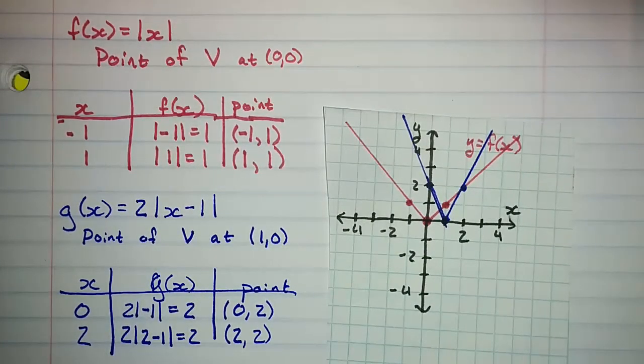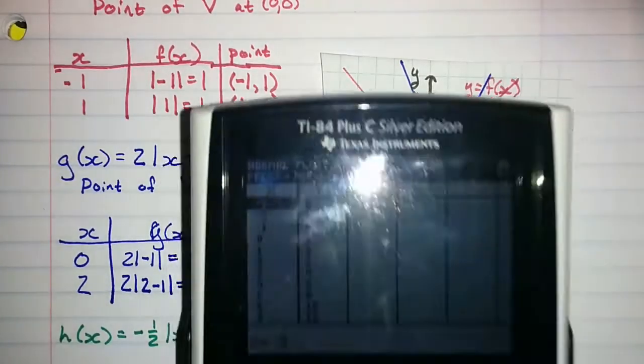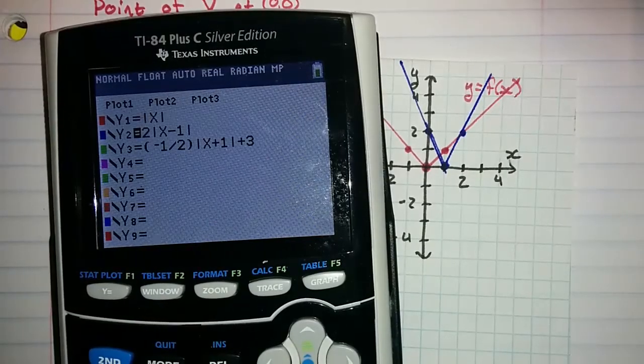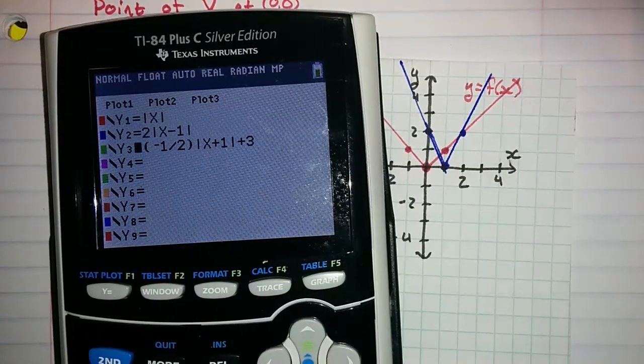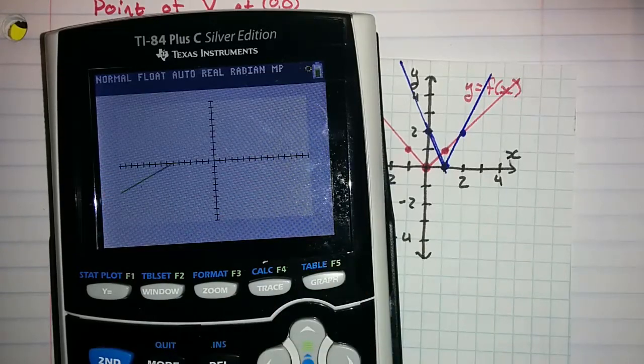Finally, let's do h. Again, back to the calculator, and I'm going to now turn off y2 and turn on y3, graph again, and trace to see if I can find the point.